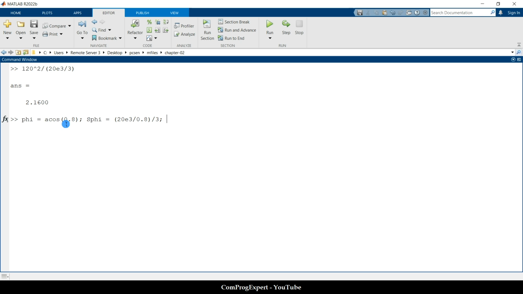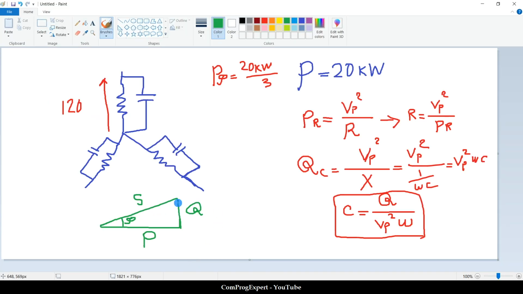Okay, and what is the value of the QC? The reactive power is S phase times sine of phi. Yes, S times sine of phi is the reactive power, volt ampere reactive, of the capacitor.